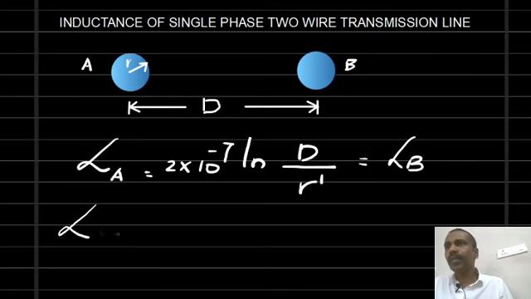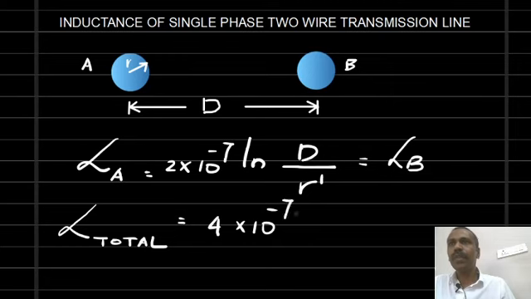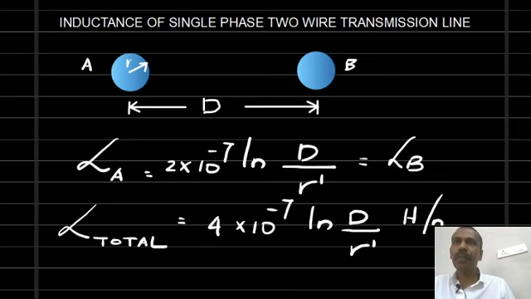So the total inductance, or the inductance of the two-wire transmission line, is equal to 4 into 10 raised to minus 7 natural logarithm d by r dash Henry per meter, because we are considering 1 meter length of the conductor. This is the total inductance of a single phase transmission line.